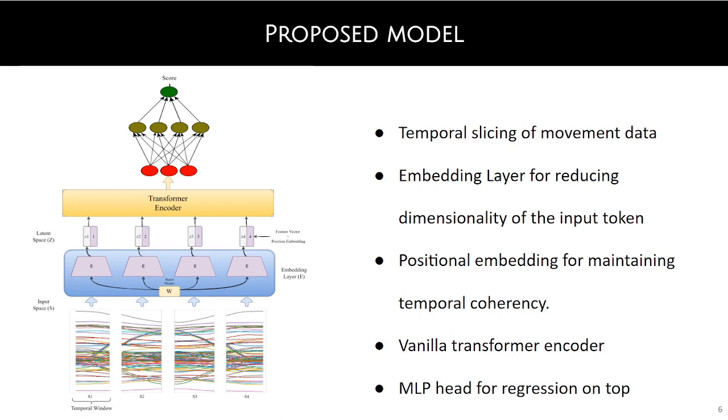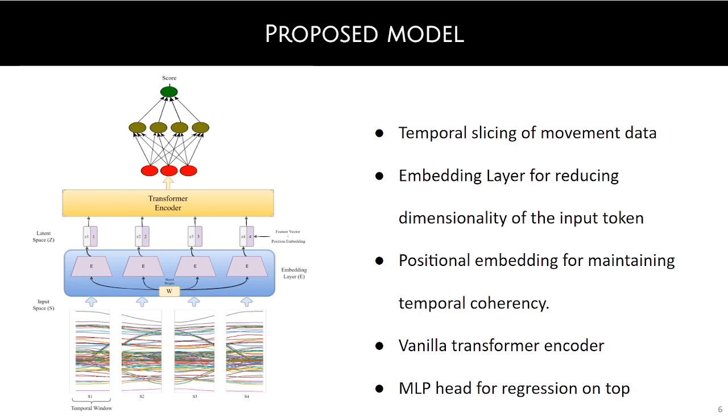We begin by slicing the movement data collected over the exercise duration into small temporal windows. These windows are passed through an embedding layer, which projects the input to a lower dimensional space, making it easy for the transformer to operate on. Furthermore, these feature vectors are appended with the positional embeddings to keep the temporal coherency.